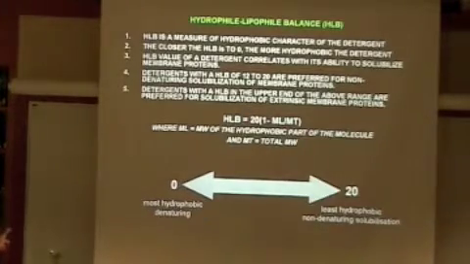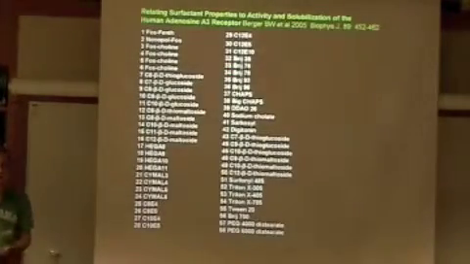To relate to this 0-20 scale, when we approach 0, we're approaching detergents that are most hydrophobic, most harshly solubilising, and therefore run the risk of denaturing our protein. As we approach 20, these are the least hydrophobic detergents, the non-denaturing solubilising detergents. Usually we would use something in the range of about 10 to 14 to solubilise a typical membrane protein. For an extrinsic membrane protein, we might use something closer to about 20. But this varies depending on the protein we're studying.